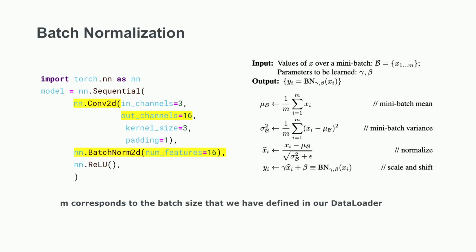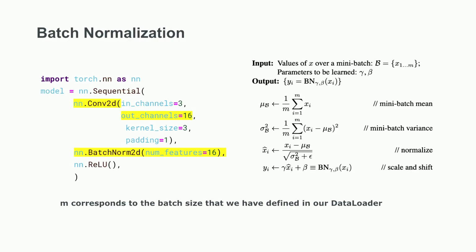So if we have a batch that contains 32 images, then the activations of these 32 images while we're training are the ones that are going to be considered when we do the computation of the mean and the standard deviation. So besides transforming the activations by using the mean and the standard deviation of the batch, we're also going to do scale and shifting transformations. And this is something very similar to what we saw on the previous video.